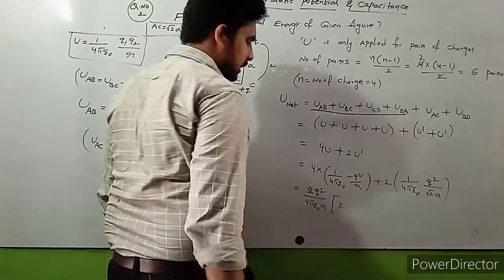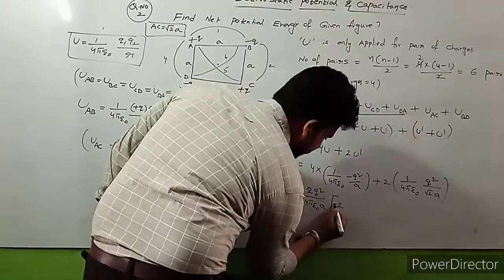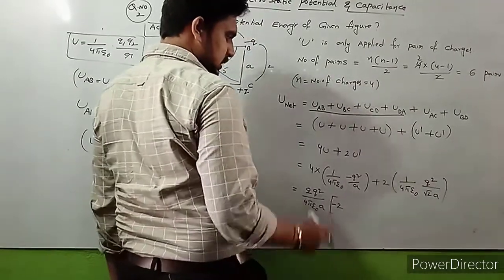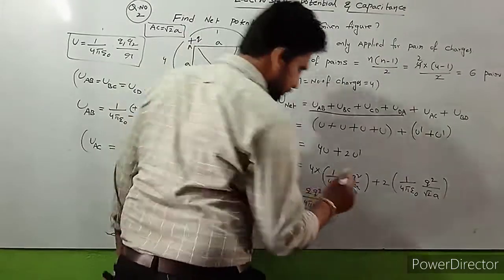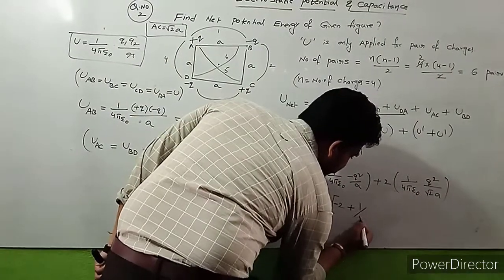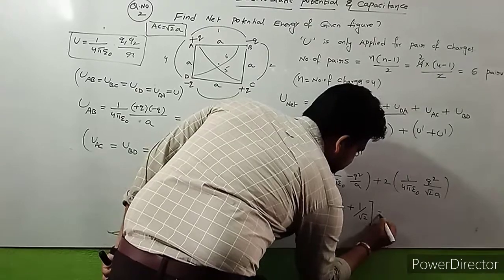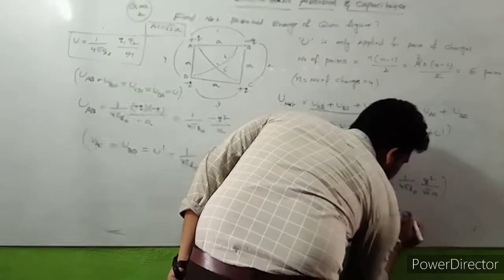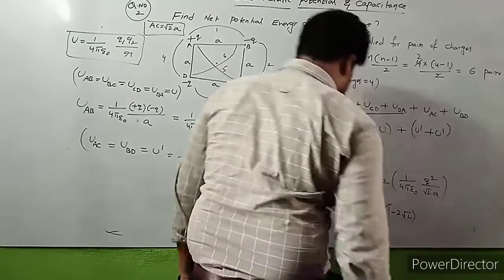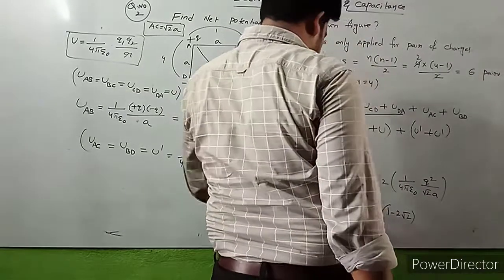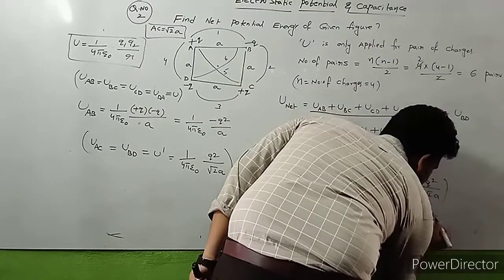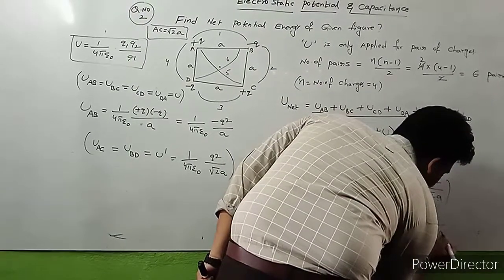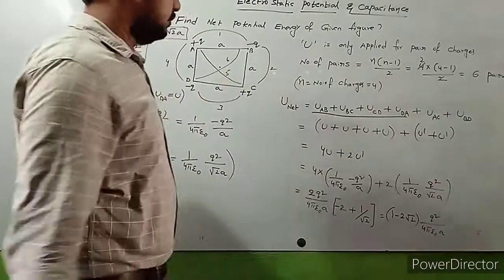Here we get minus 2, and here we get 1 by root 2 plus 1 by root 2. From this we can write (1 minus 2 root 2) by, so this 2 cancels, q square by 4 pi epsilon naught a. So this is the final value.